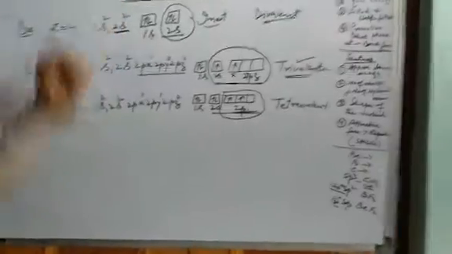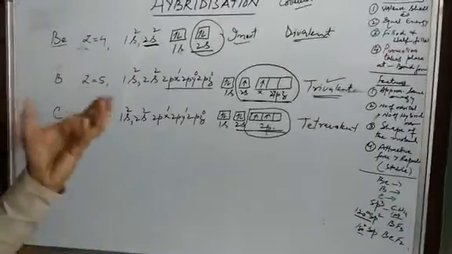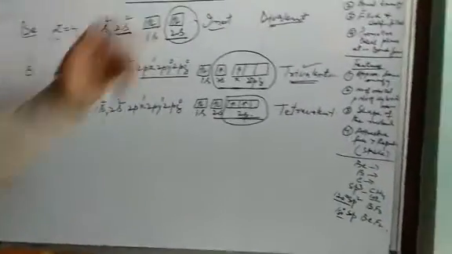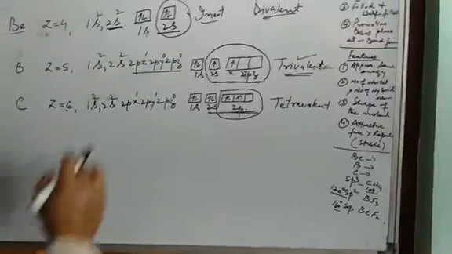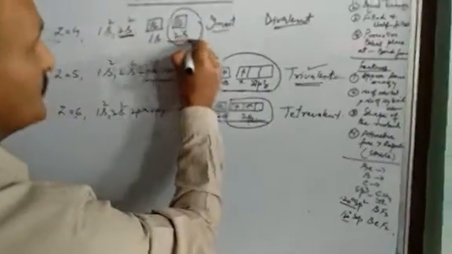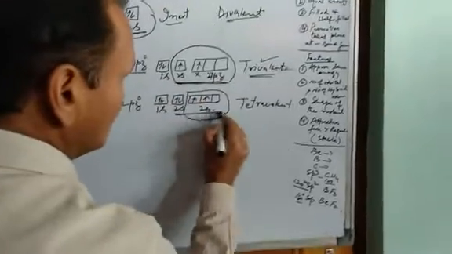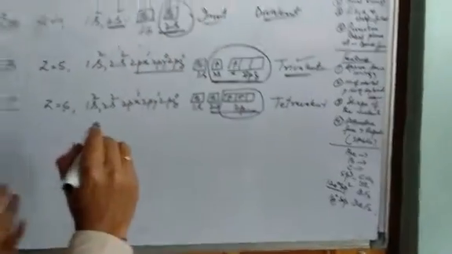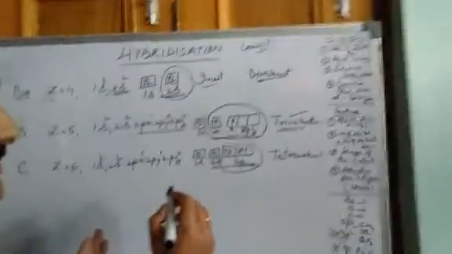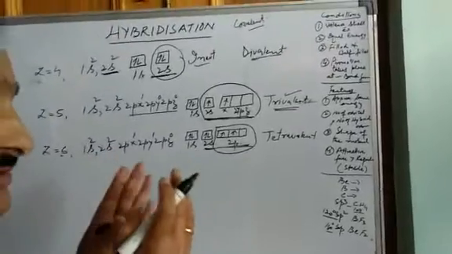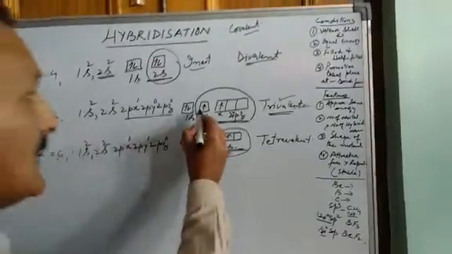Now, what does hybridization actually mean? In hybridization, the electrons in the valence shell are involved. Why valence shell electrons? Because those electrons have approximately the same energy.